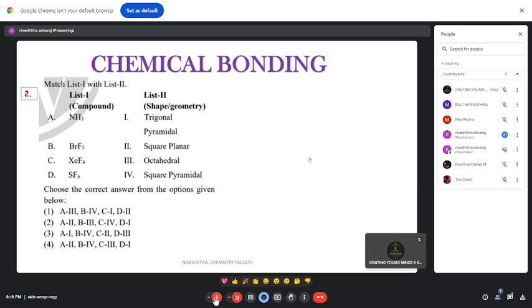Marimuthu, do you want any clue or do you want any help, Kanna? I want help, ma'am. Okay. Take this NH3 molecule. Please find the hybridization of nitrogen.